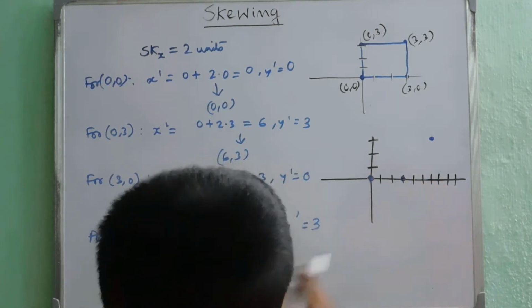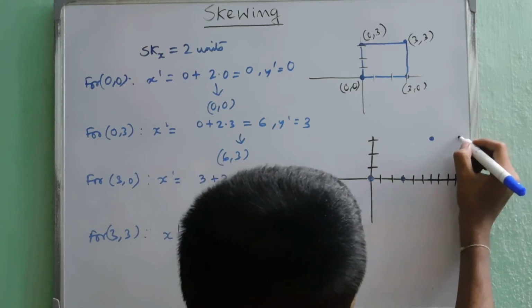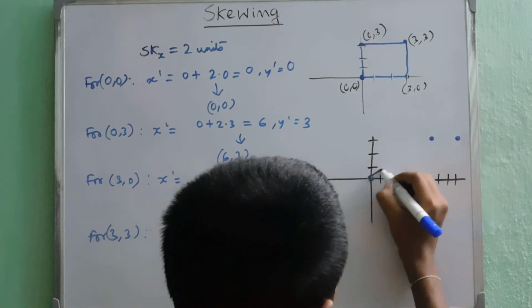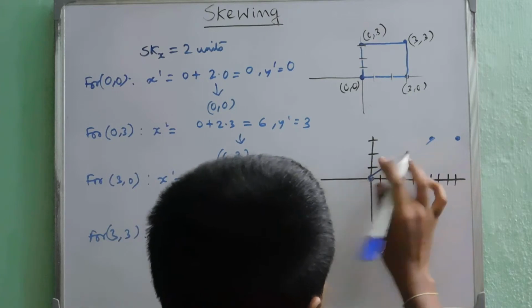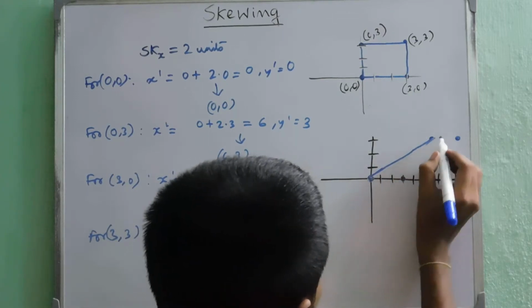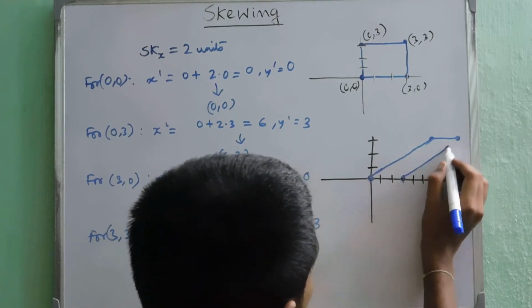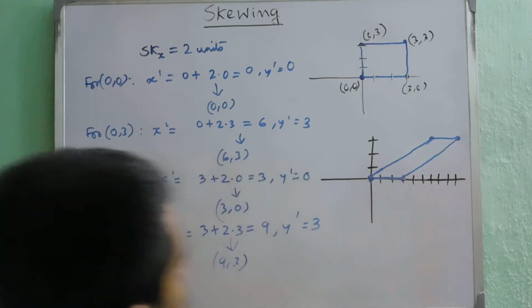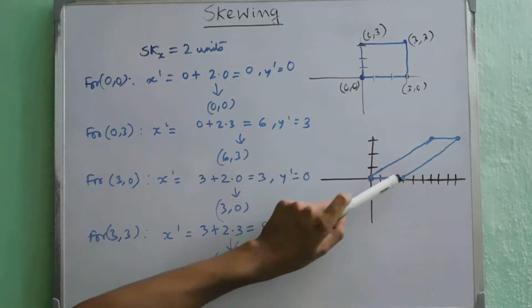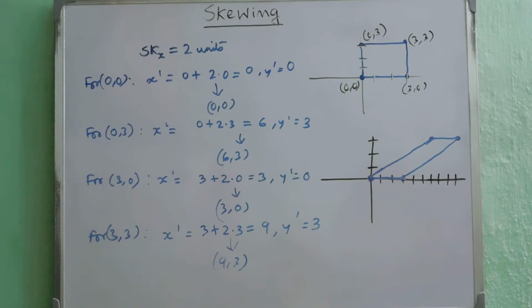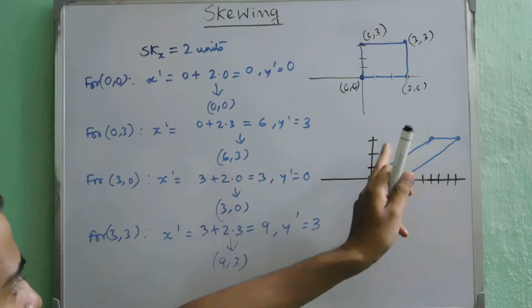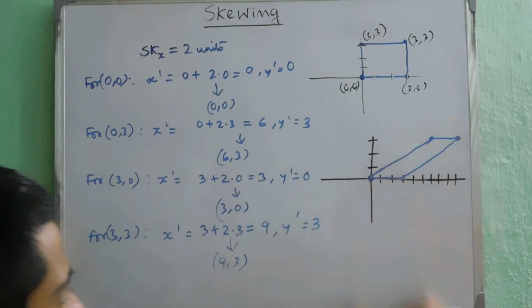And finally 9, 3 means here. Let's join it. This is our figure after x skewing. As you can see, we have skewed it along the x-axis. The change has occurred along the x-axis.